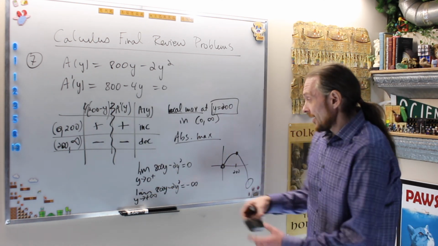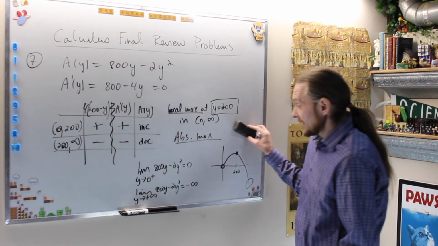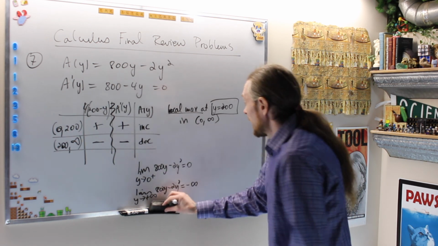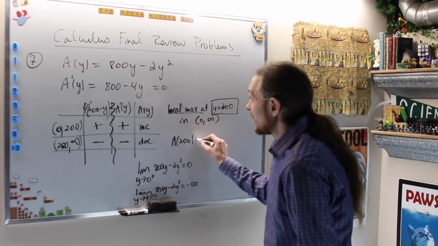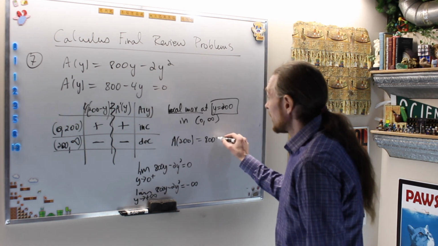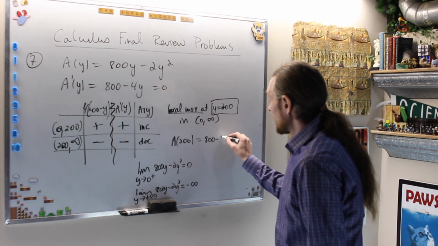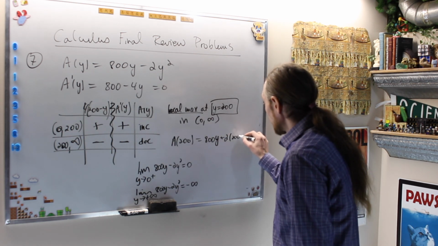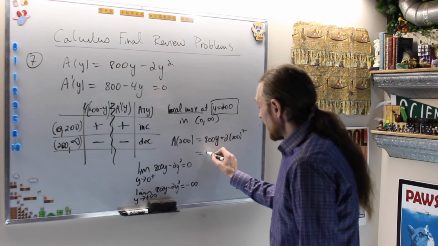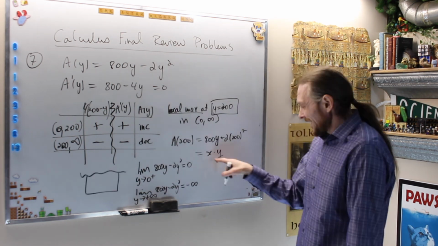Because of these arguments, and the fact that at 200, A of 200 is equal to x times y, since the area was x times y. What is x?